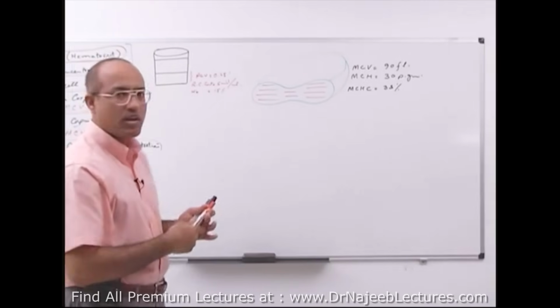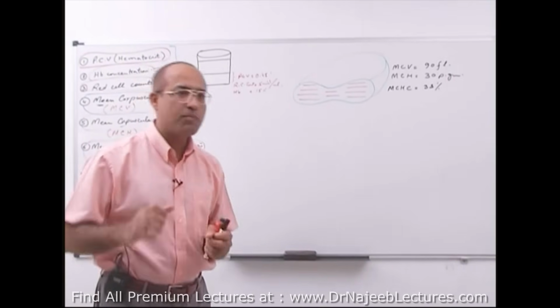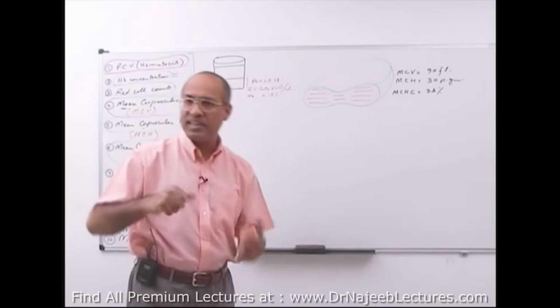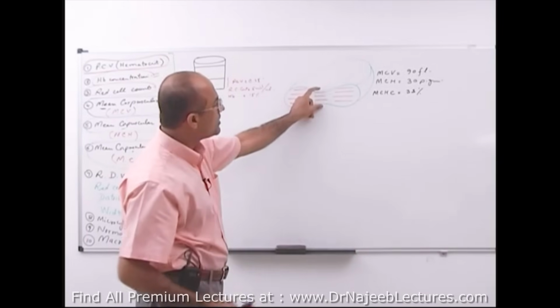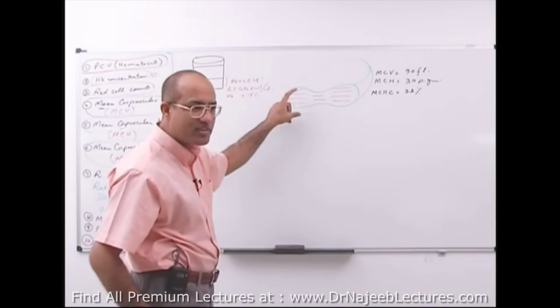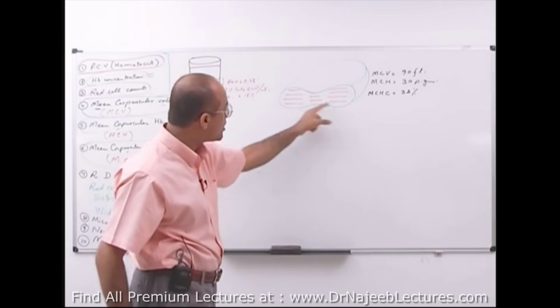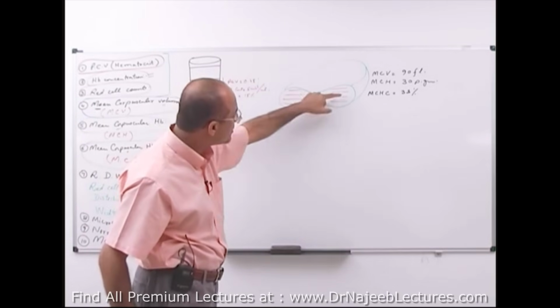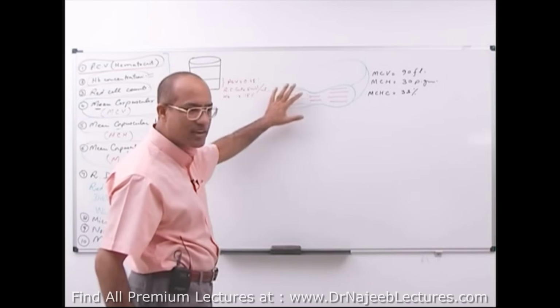Now what happens, because red blood cells are passing through narrow capillaries, they are pressed from many angles. So because they fold on each other, usually hemoglobin in the center is less and on the sides is more. You understand? Now this is the volume of the RBC shown, and this inside is the amount of hemoglobin shown in this diagram.